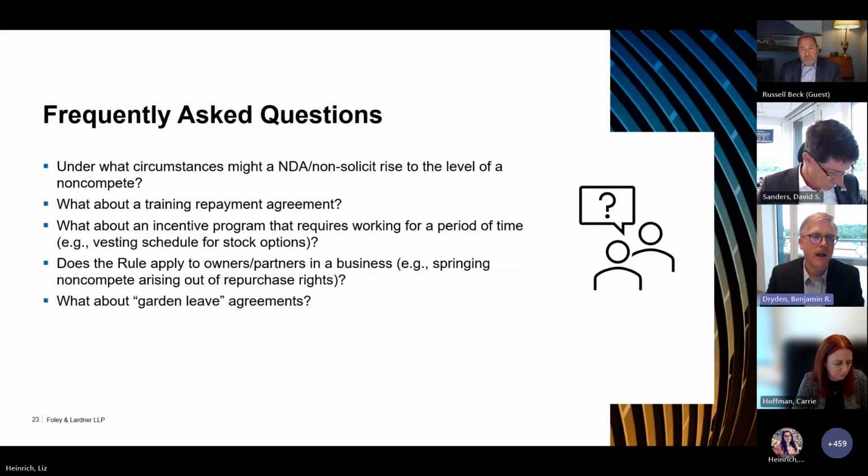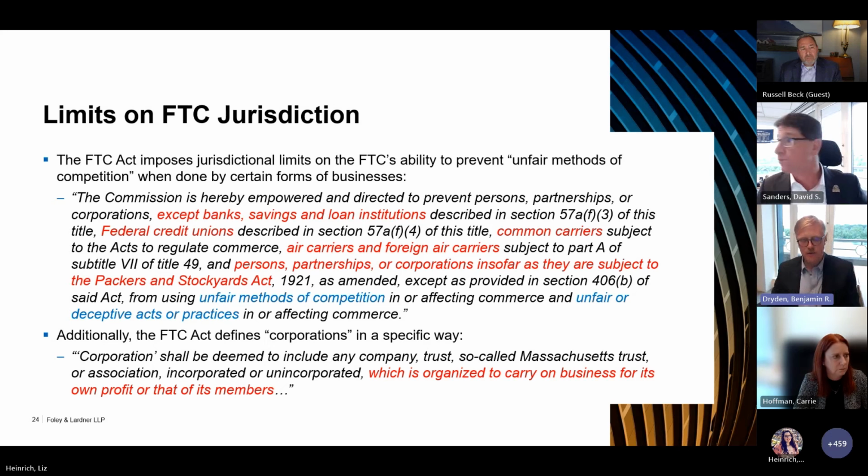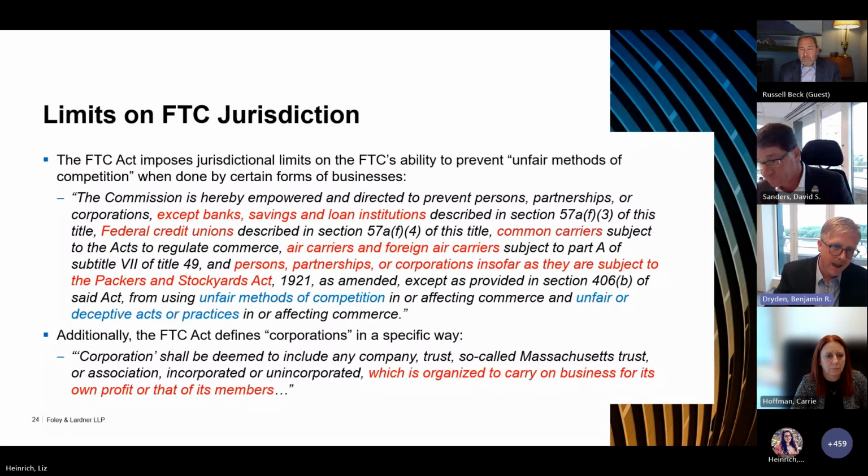Thank you. So there was a question on nonprofits, and this goes to, Russell said there's 3 express exceptions within the non-compete rule, but there are a lot of unexpressed or unsaid exceptions. And this comes back to the FTC Act. Section 5 of the FTC Act empowers and directs the FTC to prevent persons, partnerships, or corporations from using UMCs or UDAPs.